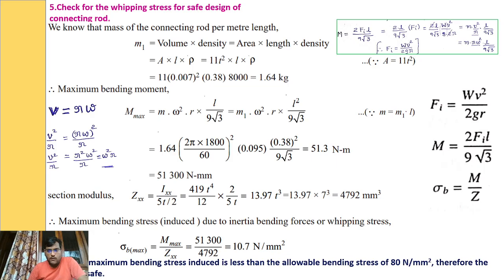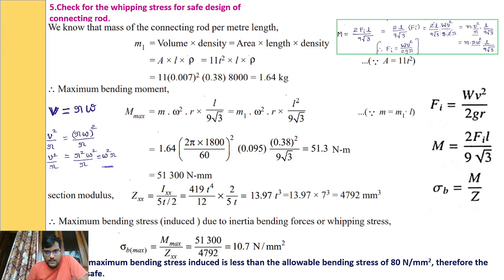Now, I have to find out sigma b, that is the bending stress or whipping stress. M by Z. I need the Z value, the section modulus. We have a basic formula, as you know, Z is equal to I by Y. Here Y is equal to B by 2 or H by 2. Here H is 5t, so 5t by 2.